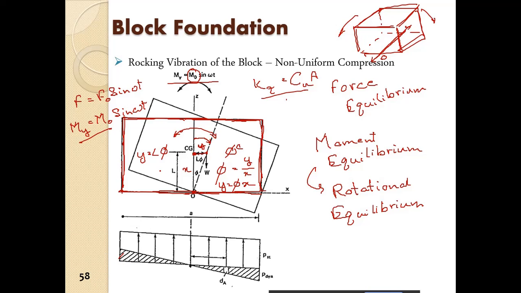So this is L and this is L phi. The center of gravity was here and it displaces to here. So now we have the weight of the mass acting through this center of gravity, so we have a moment about this point.